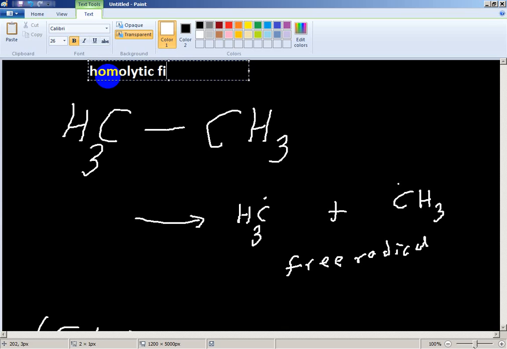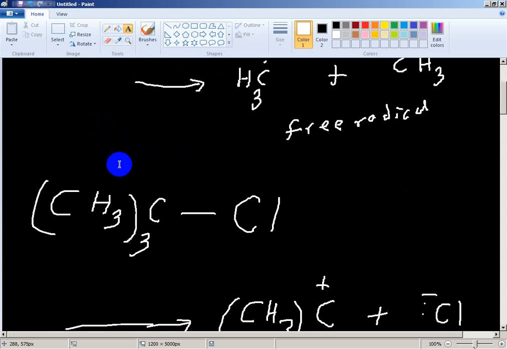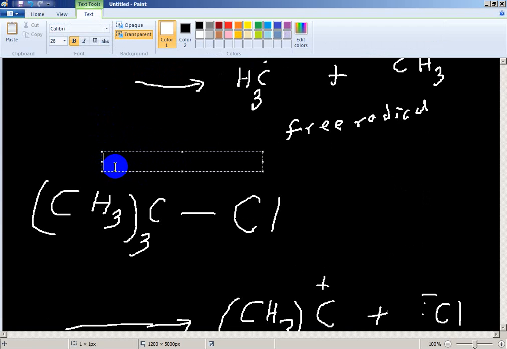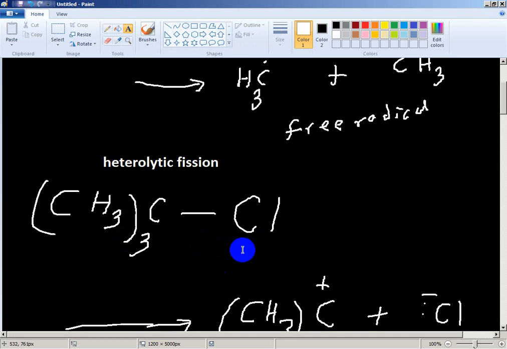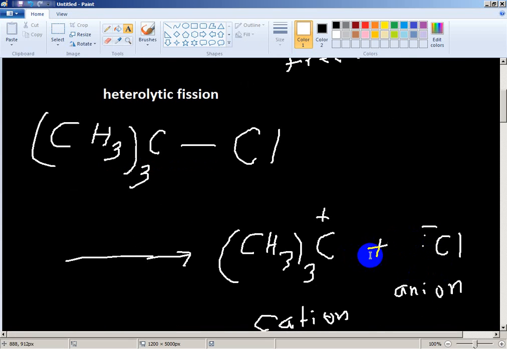Homolytic fission. In heterolytic fission, both electrons are taken by one of the species, so here chlorine takes the two electrons.